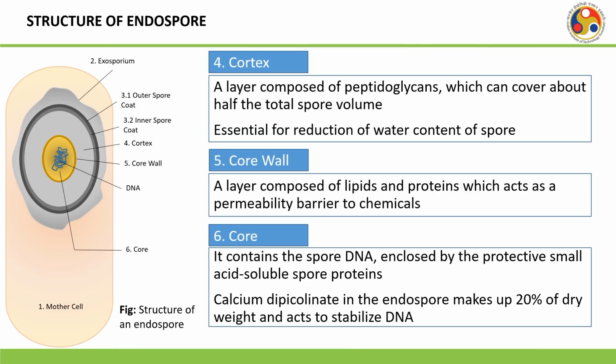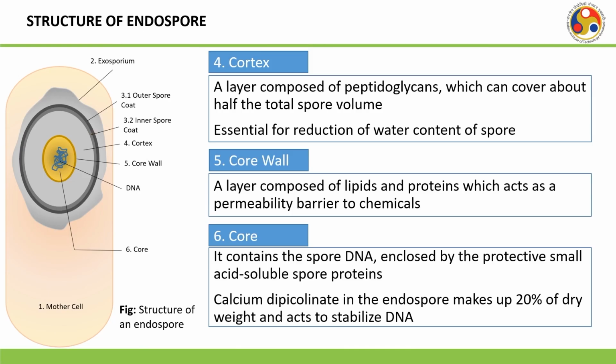Then we have a cortex. This is a layer of peptidoglycan which can cover about half the total spore volume. This is essential for reducing the water content of the spore. Then we have the core wall. This is a layer composed of lipids and proteins which acts as a permeability barrier to chemicals.